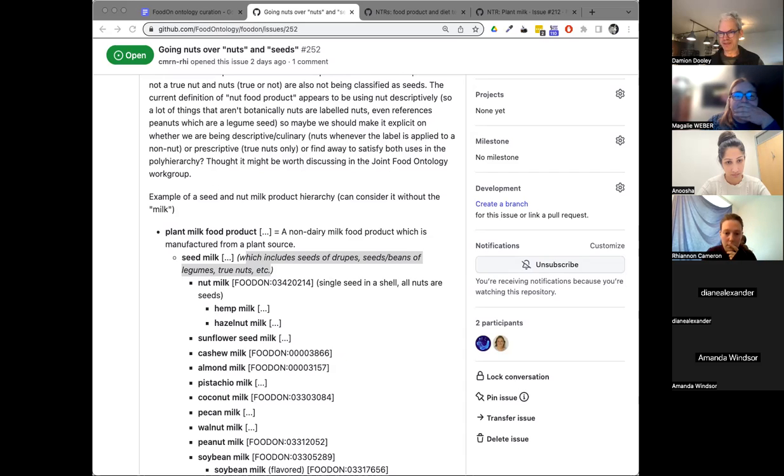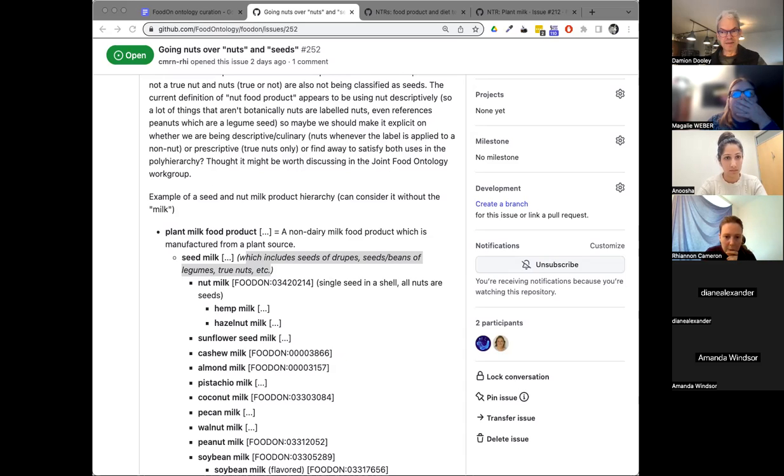Really, that's the only unusual thing about our purist approach. And then moving nut food products, or is it already under? Well, nut food products are not under plant seed food product yet. We would be moving that as well. Okay. Yeah, to be botanically correct in terms of inheritance.